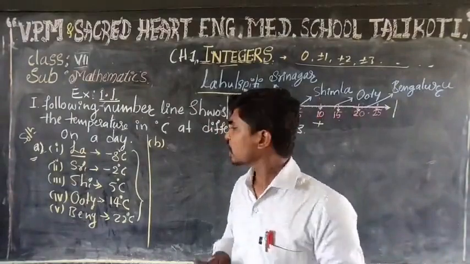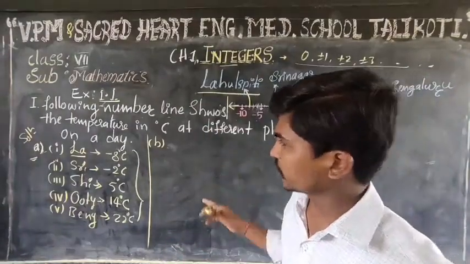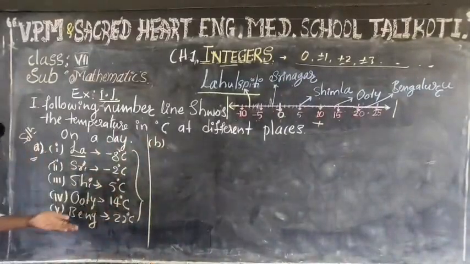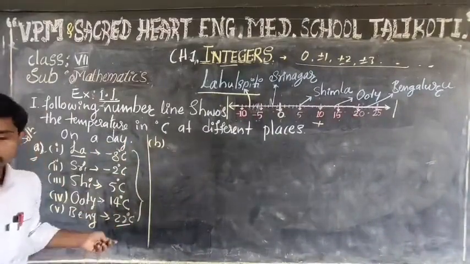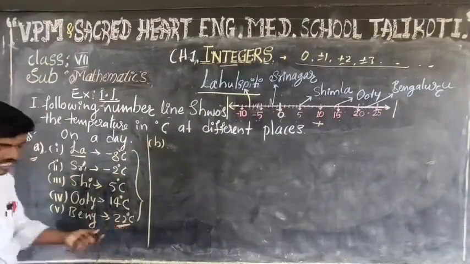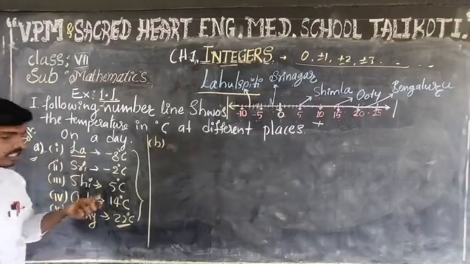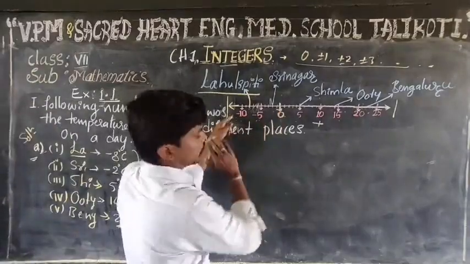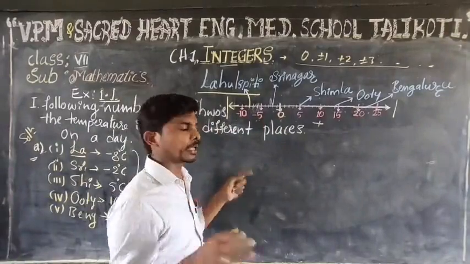Now coming to our B question. Just observe the previous one and decide which is the highest. Bengaluru has 22 degrees Celsius. This is the hottest place. And which is the coldest place? Now I will explain what coldest or negative means.